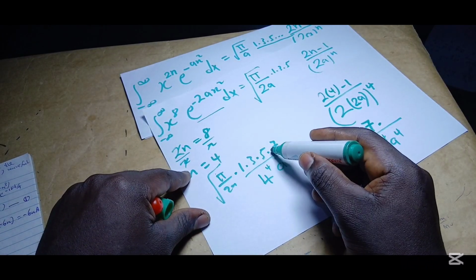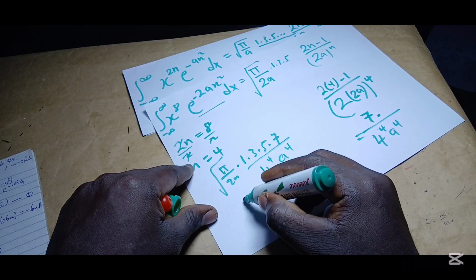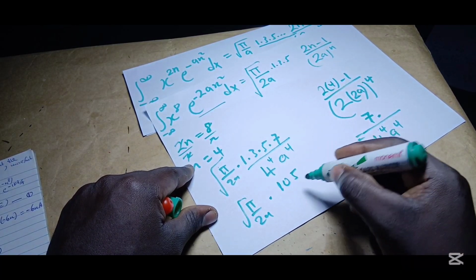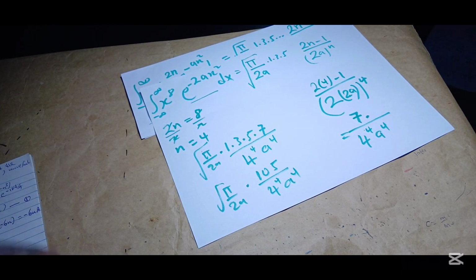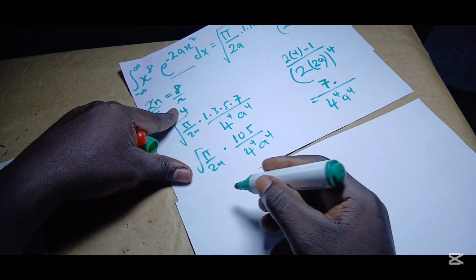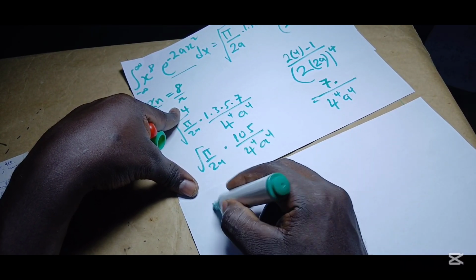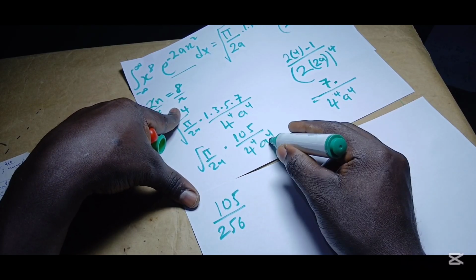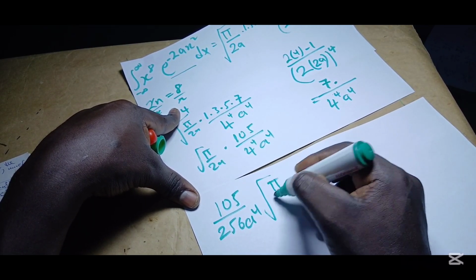Multiplying these terms gives us 105. So square root of pi over 2a multiplied by 105 all over 4 to the power 4, a to the power 4. Let's simplify further. 4 to the power 4 is going to give us 256. So let's write it this way: 105 all over 256 a to the power 4, square root of pi over 2a.